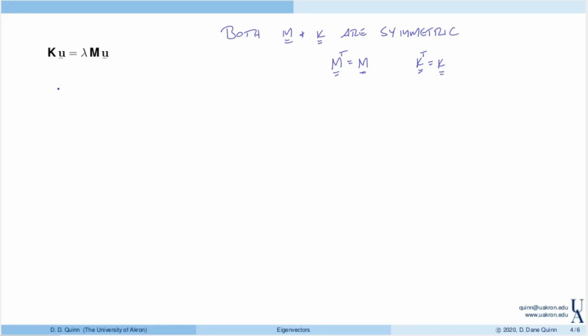Right, so let's consider two different eigenpairs. We'll denote them by the subscript i and subscript j.